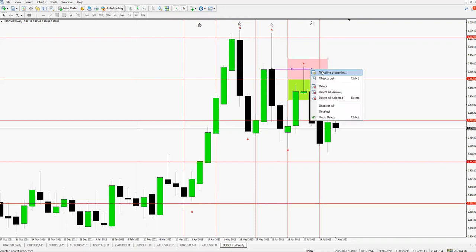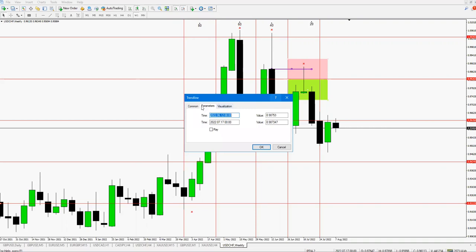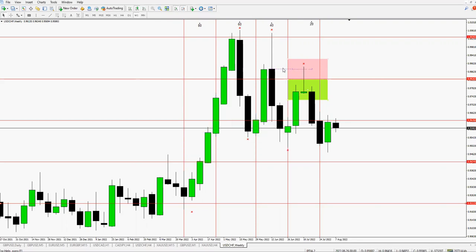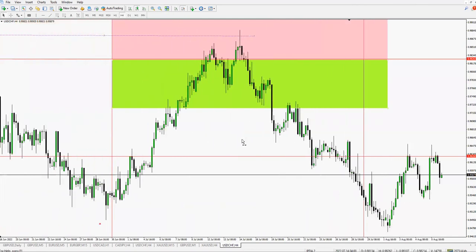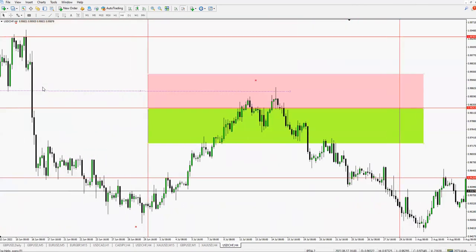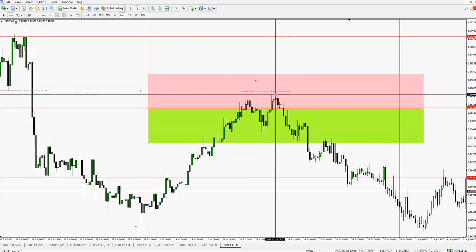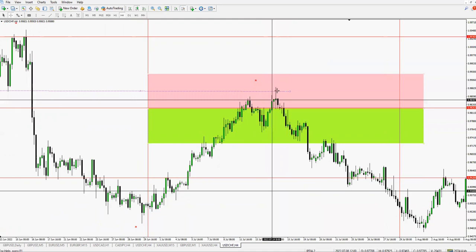If that's a rejection block, I'd generally just make it a dotted line or something like this, and then I know that that's like a weekly something, and then maybe I'll label it on a daily or a 4-hour chart, so that when my 4-hour array trades into a higher time frame, I would be looking based off the 4-hour or the 1-hour to sell this array.